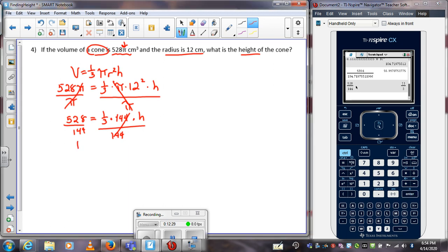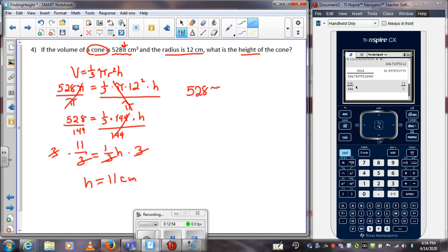So my calculator gives me 11/3. So I'm probably doing this a little bit harder than I need to be. Equals 1/3 h. To get rid of the 1/3, I'm going to multiply both sides by 3. Cancel, cancel, and I get h is equal to 11 centimeters.